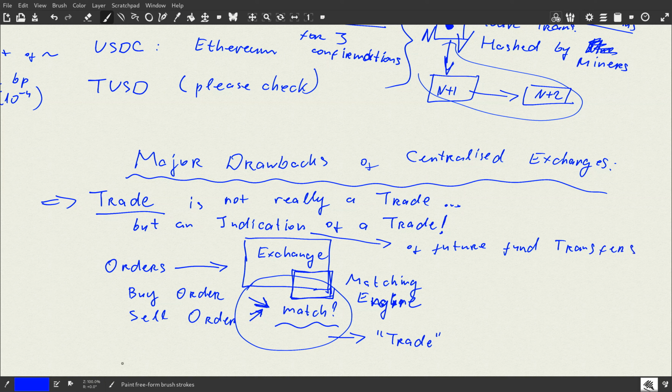To put it in other words, matching orders and settling trades.